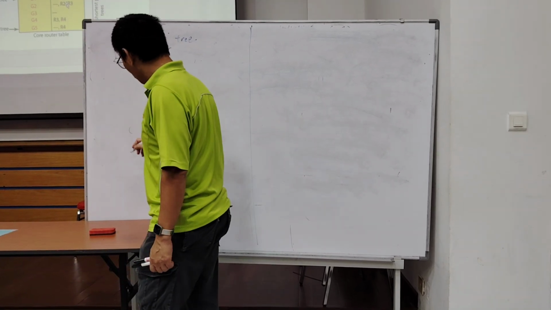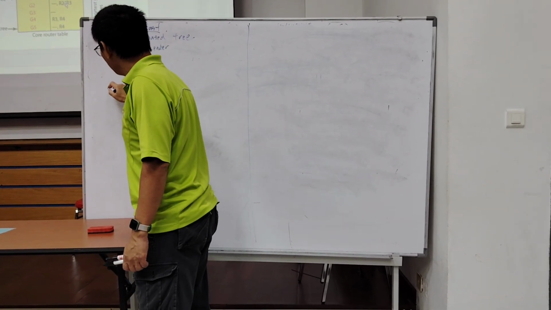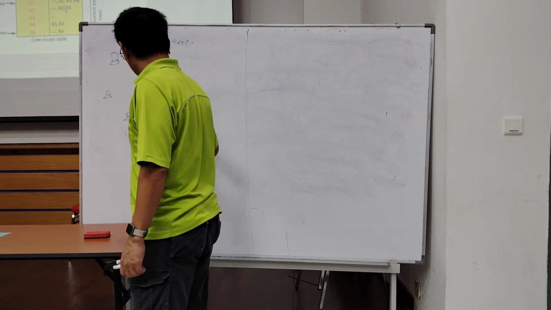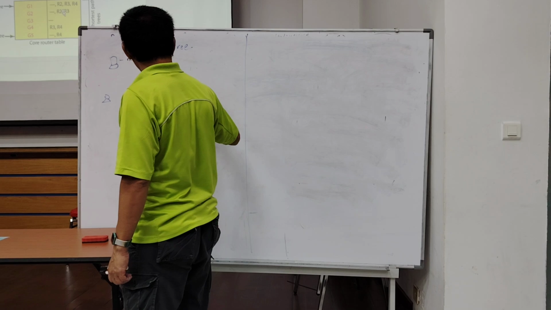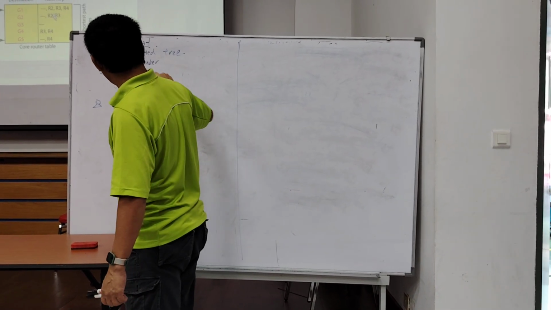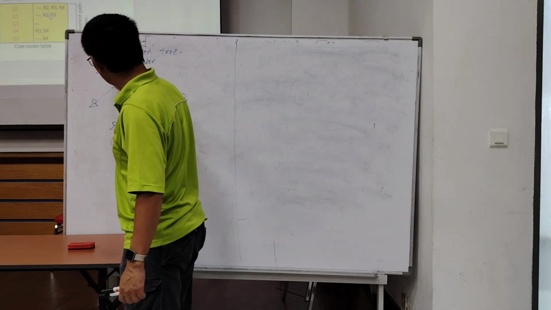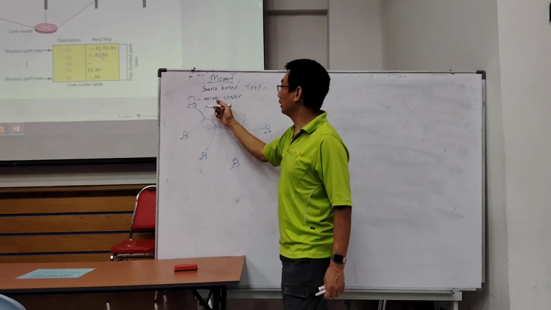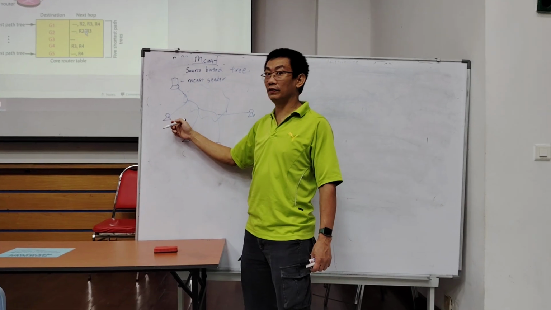When you have a receiver here, these are all the receivers. This is the network. So this is the sender and this is the receiver.